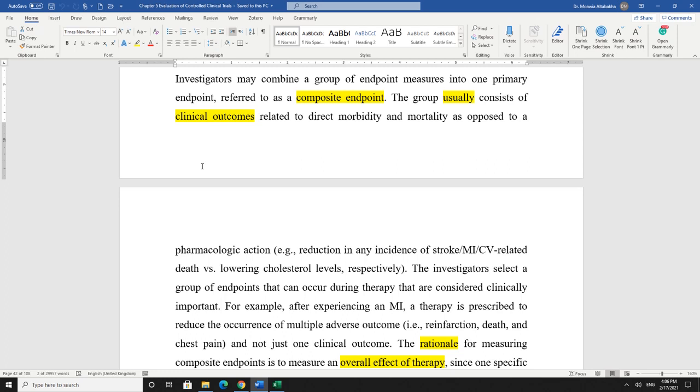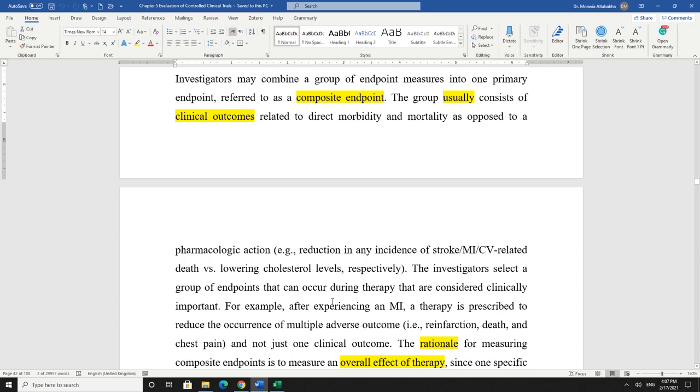Okay, that's why even if a drug can reduce cholesterol, and pay attention to that, there is no guarantee it can reduce stroke, myocardial infarction, or cardiovascular related disease. Yes, there is correlation between cholesterol and these incidents. Yes, there is. Okay, but it depends on how much the drug is able to lower cholesterol.